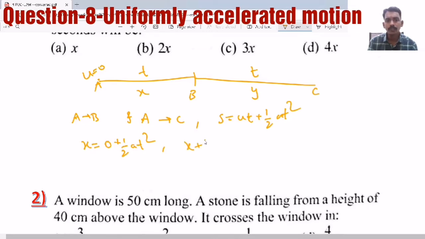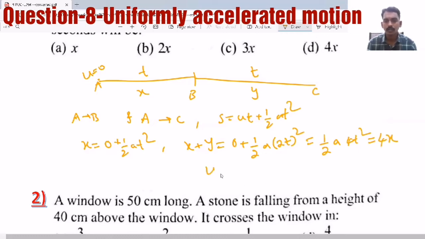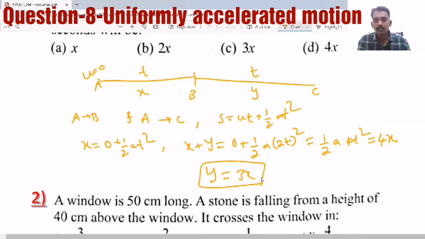Now A to C means x plus y, that is u0 plus half a into (2t) square, that is half a into 4t square. That means 4 times x, so y equal to 3x. This way, you have to draw the diagram, choose the points between which you have to apply the suitable equation. That is why I am telling you to remember those formulas and try to understand the question.